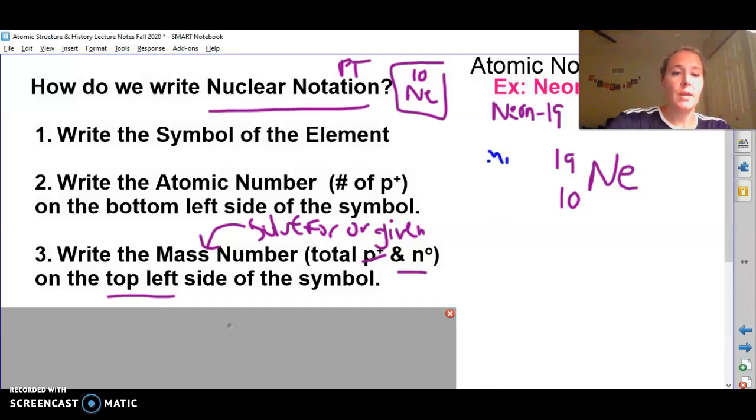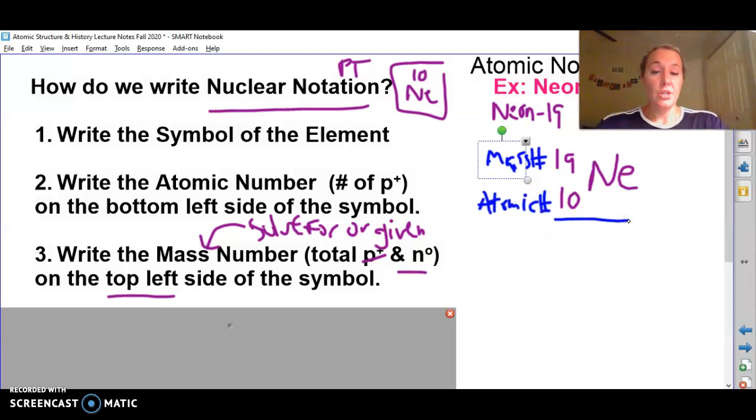You've got mass number on the upper left, and you've got atomic number on the bottom left. Okay, so those are the two notations that communicate how many protons, neutrons, and electrons are in an atom. And in the next video, I will do a couple of practice problems to see if you can put all of this together.